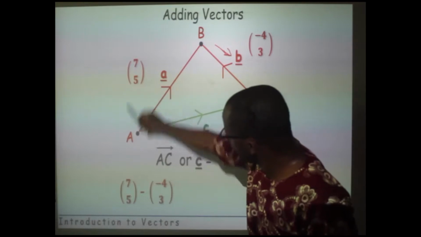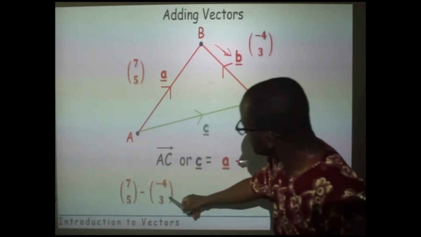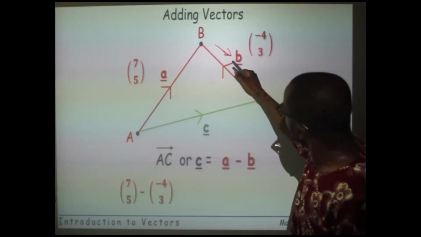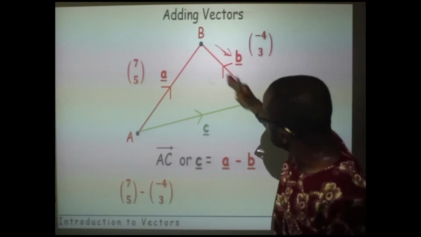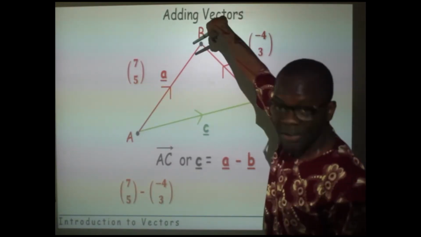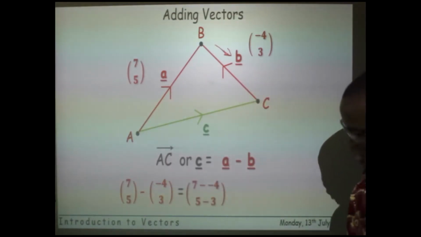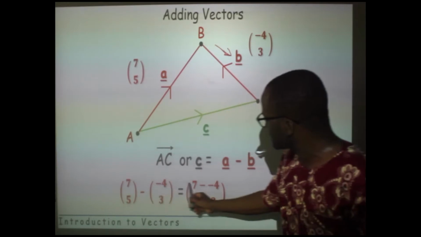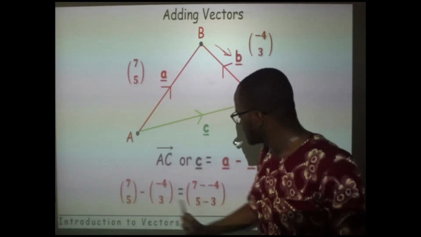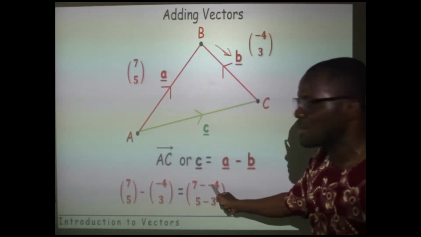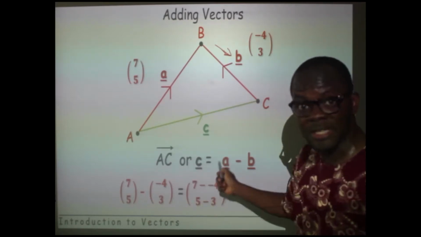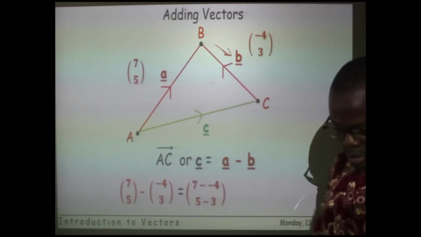There's a component for A, and there's a component for B, but with the minus because we're going in the opposite direction. B is going that way, but to get to C, we have to come down. That's why it's negative. So when you take that into consideration, 7 minus 4, 5 minus 3, and then minus minus gives you plus, 7 plus 4 gives you 11, 5 minus 3 gives you 2.